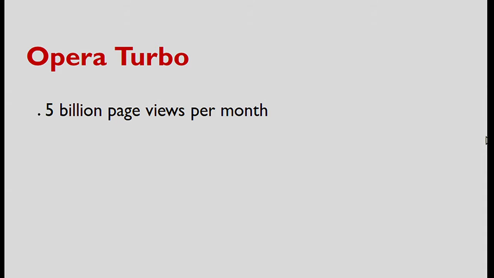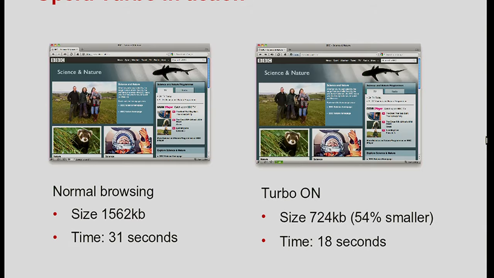About a month ago, we introduced WebP into Opera Turbo. After doing some research, we found that WebP was the perfect fit to encode the images for Opera Turbo. Here's a typical page. You save about 50% of the bandwidth.